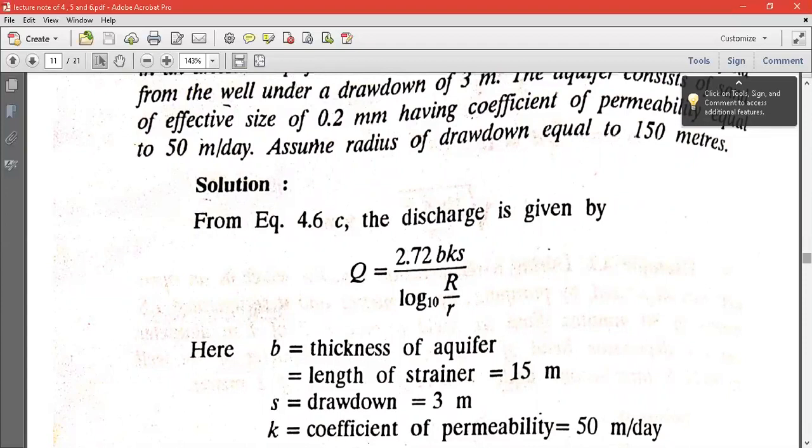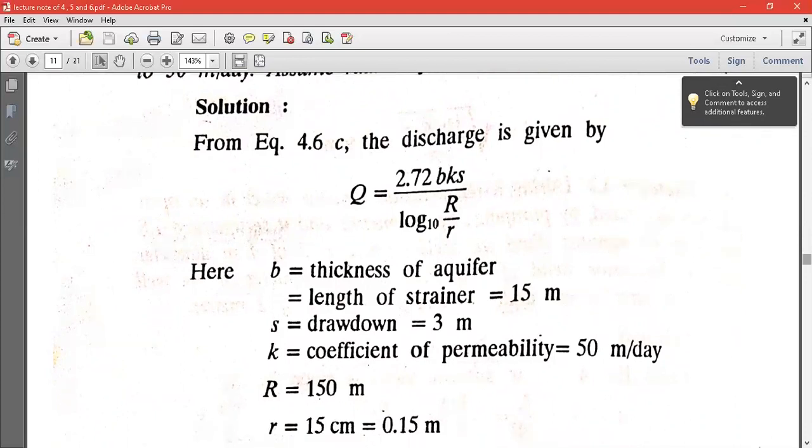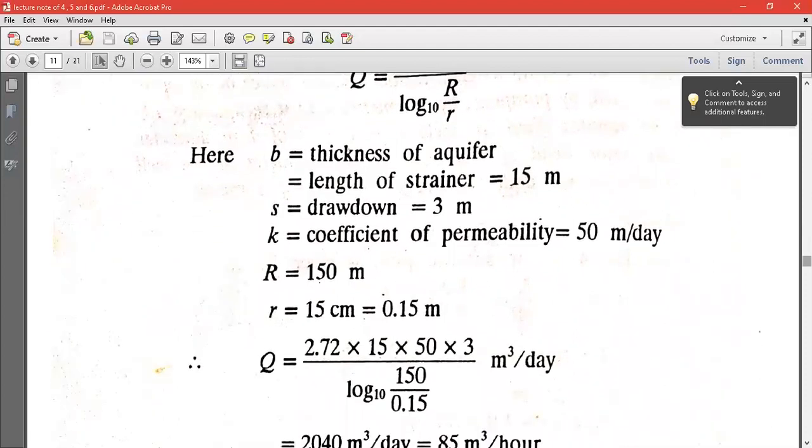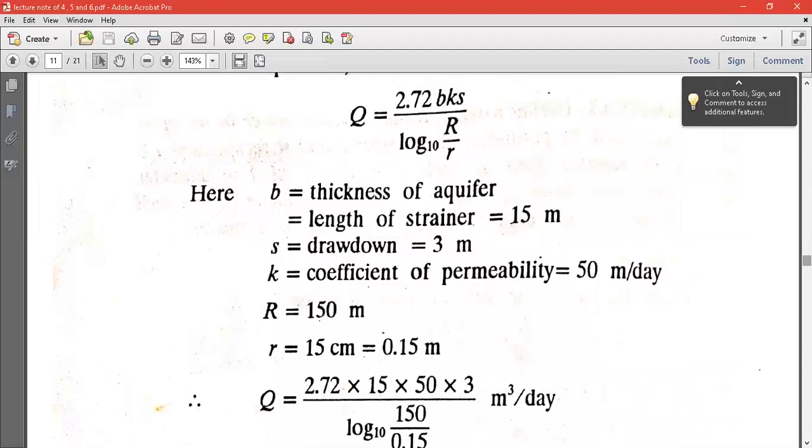And R also given as a radius of influence 150 meter, and smaller 300 millimeter is the diameter of the well. So 30 centimeter is the diameter. So 15 centimeter is the radius. You can convert it in 0.15 meter. So ultimately Q equal to 2.72 into B is 15, K is 50, and S is 3, the drawdown.